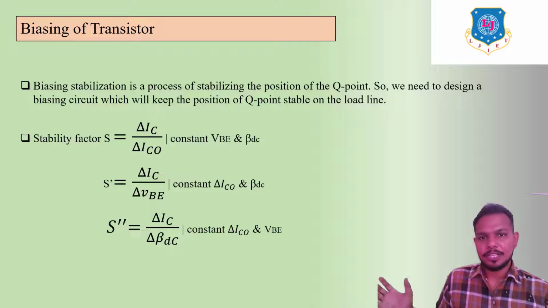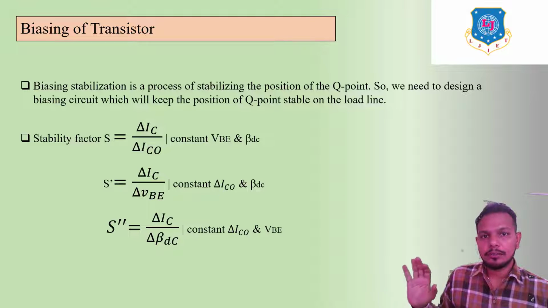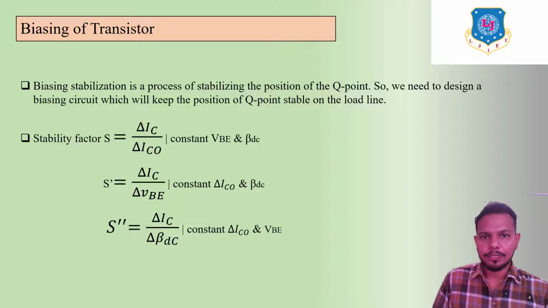Here we can see the stabilization factors. S is equal to delta IC upon delta ICO, where VBE and beta DC are constant. These are the few parameters: delta IC, delta ICO, VBE and beta DC. First we have to stabilize these values, and then we will get a stable Q point.